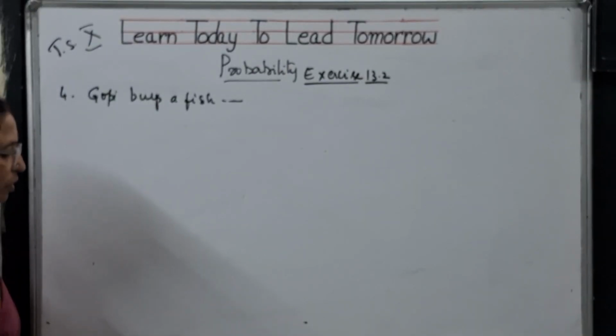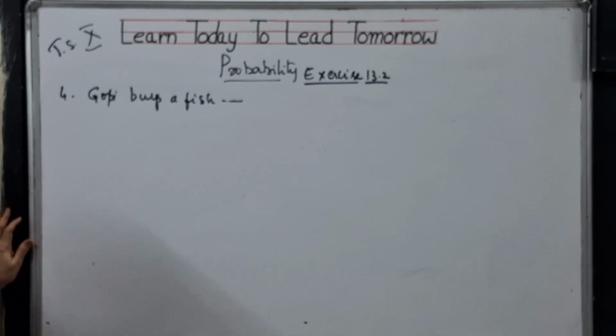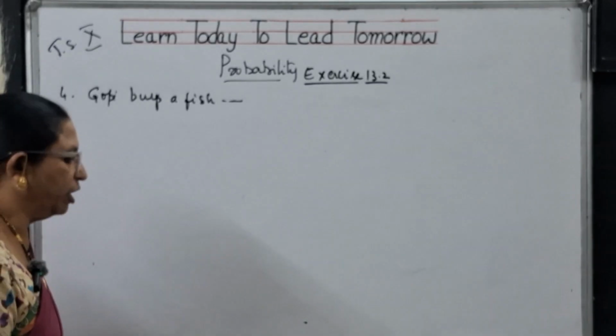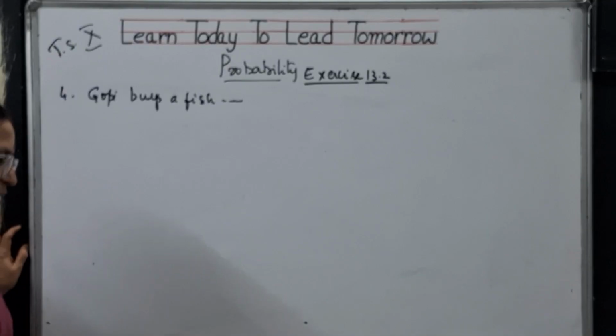Now fourth question, children. Gopi buys a fish from a shop for his aquarium. The shopkeeper takes out one fish at random from a tank containing 5 male fish and 8 female fish. What is the probability that the fish taken out is a male fish?